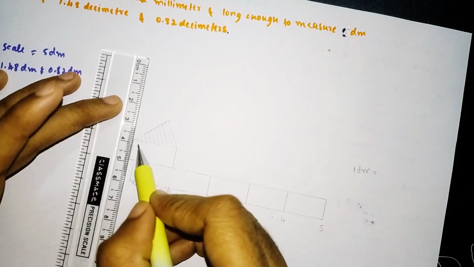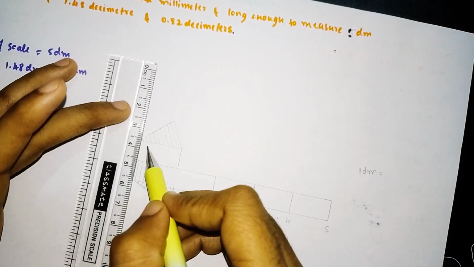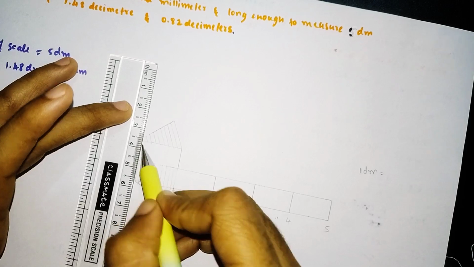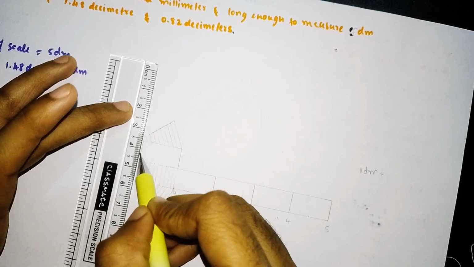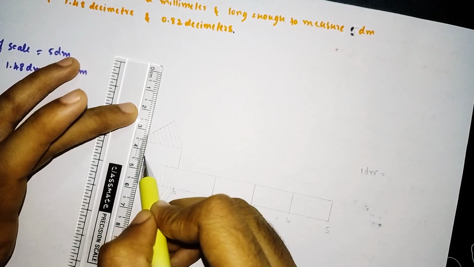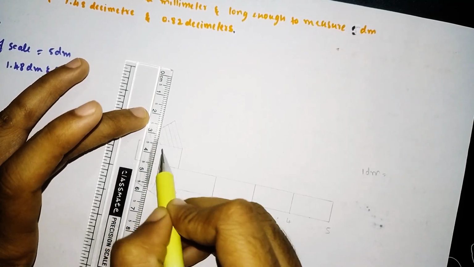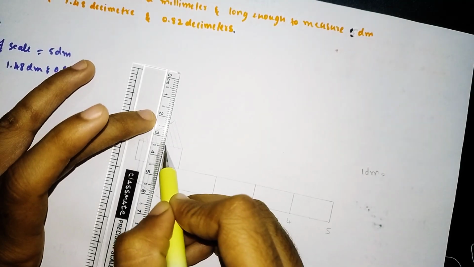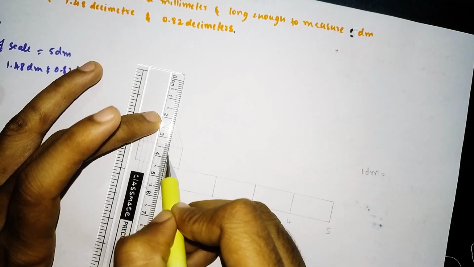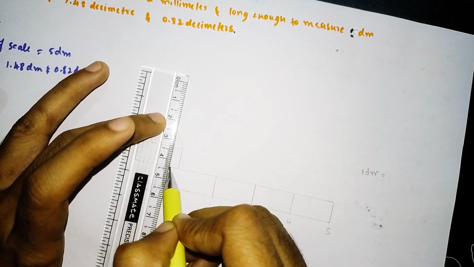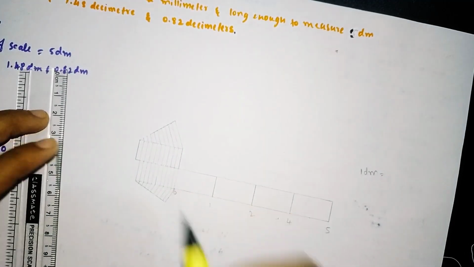Now I will join this line to here, and this to here, this to here, this to here. We have to mark it.